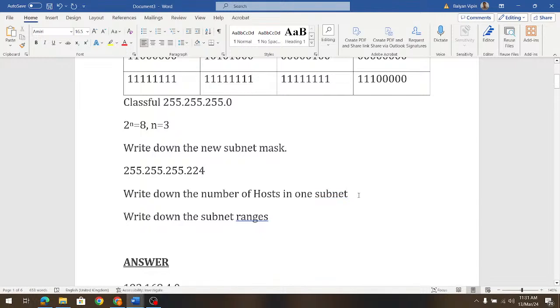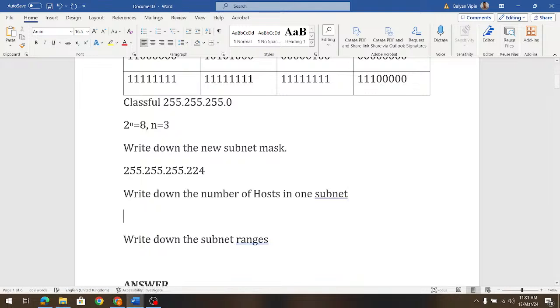Now we have to find out the number of hosts in one subnet. So the number of host bits equals 8 minus 3.